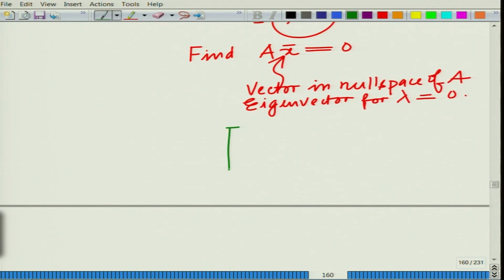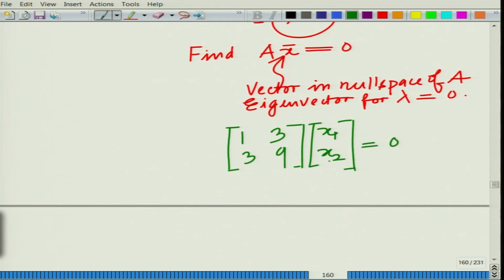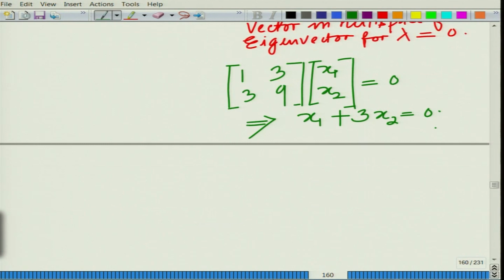You have [[1, 3], [3, 9]] times [x1, x2] equal to 0, this implies x1 plus 3x2 equal to 0. You can solve again the same thing as the previous case. You can solve the second equation, it will give you the same thing, which implies x1 equals minus 3x2.